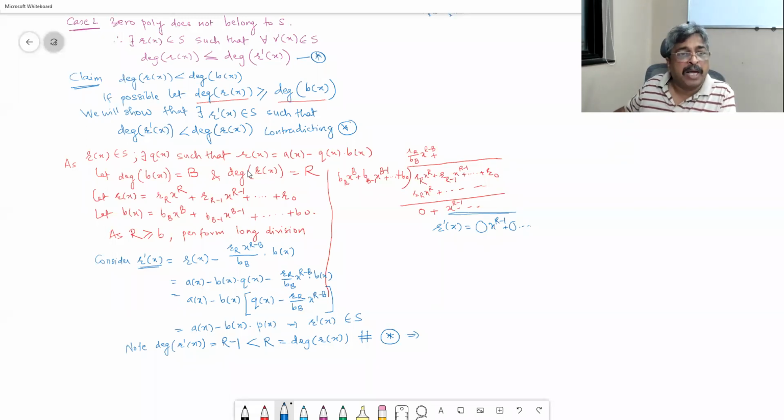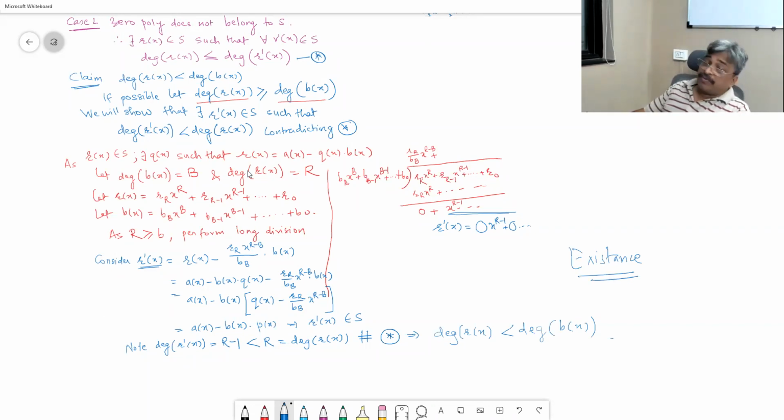Contradiction to this implies degree of r of x is less than degree of b of x. So this is the first part of the proof, existence.